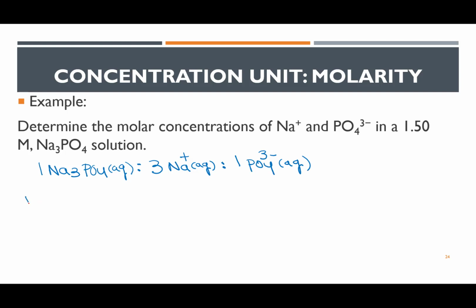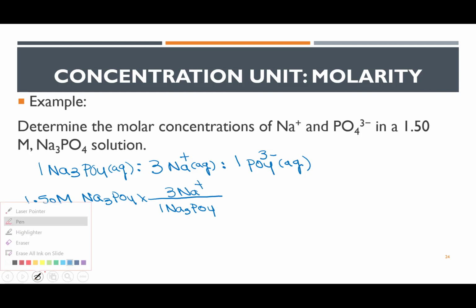Now I have 1.5 molar sodium phosphate. I'm going to set up my equation so that the moles of sodium phosphate are going to go and I end up with moles of sodium ion, which is 3 times as much.